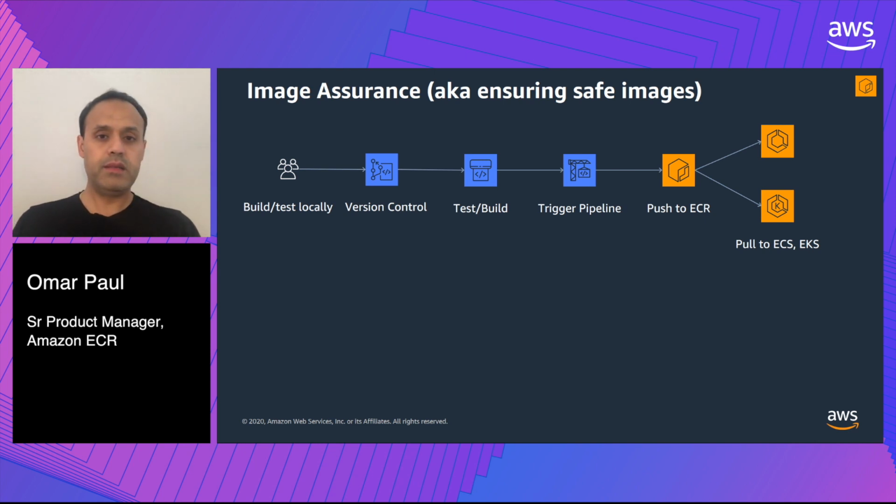After tests and a build, you can see that the image gets pushed into a registry, whether self-managed or self-hosted, or managed like ECR. From here, a container can be run from that image, using an orchestrator, ECS or EKS, or even on a developer's laptop if they want to pull the latest image and test it.